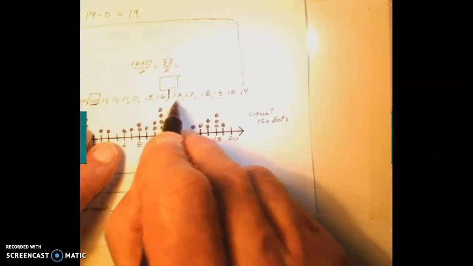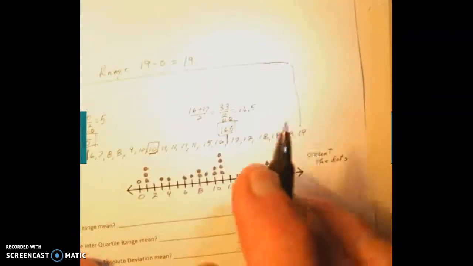So that's going to be 16 plus 17 divided by 2. That is going to be 33 divided by 2. Or you could figure out what's halfway between 16 and 17. 33 divided by 2 gets us the same answer. 16.5 is the upper quartile, UQ.